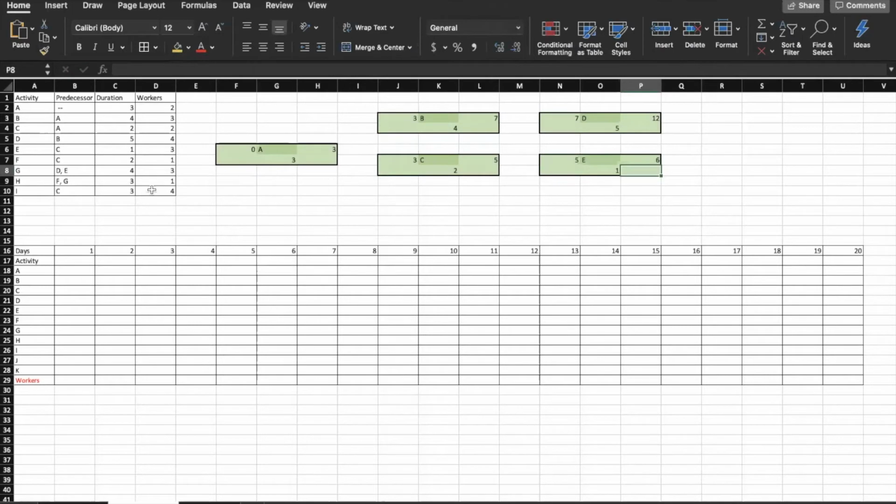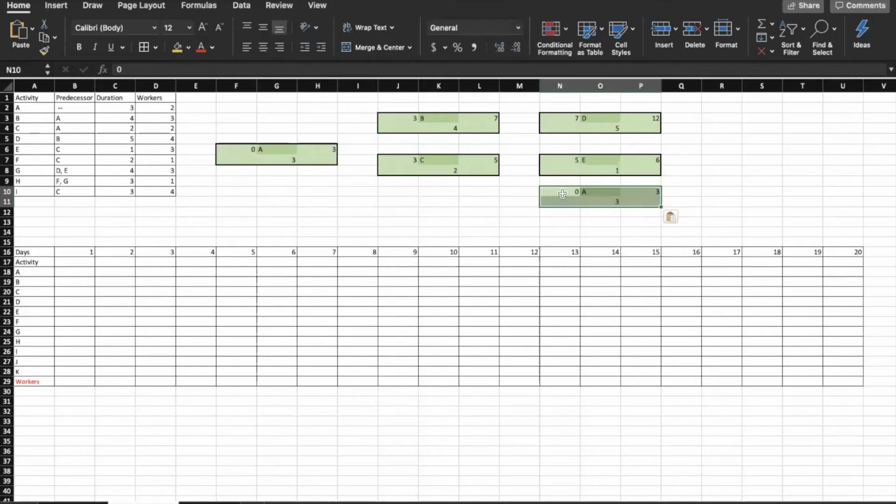Our next node would be F, and it's after C, so I'll put it right here. It needs to start on day 5, and then it takes 2 days to complete, which means the early finish would be on the 7th.